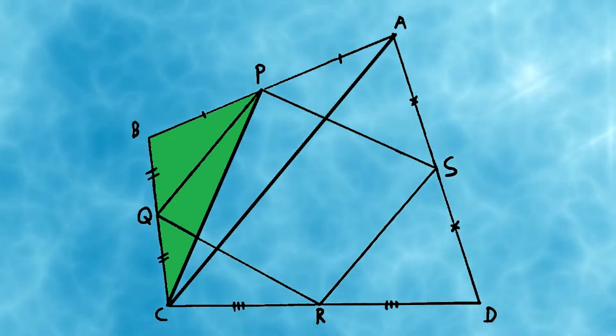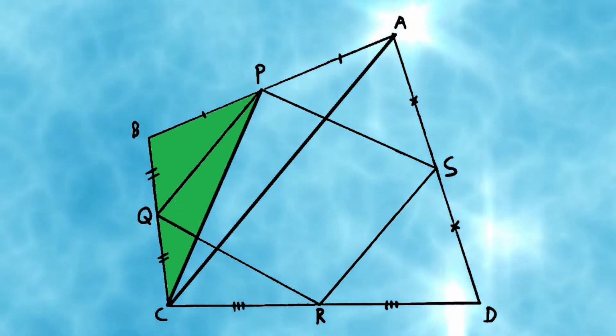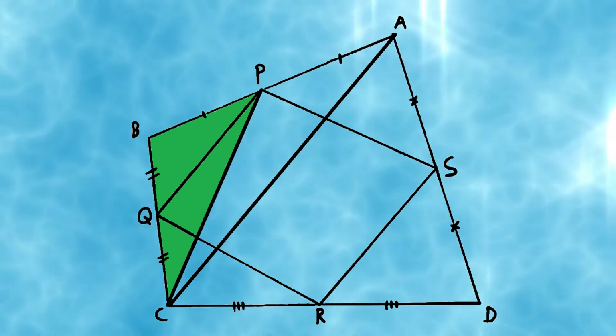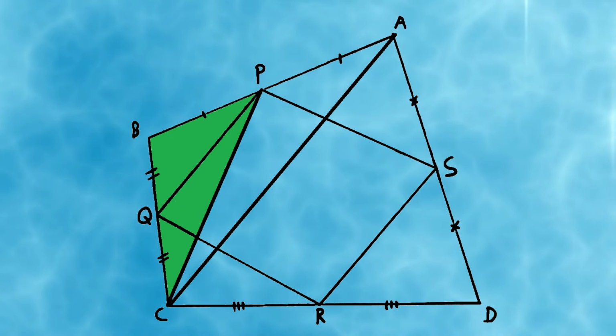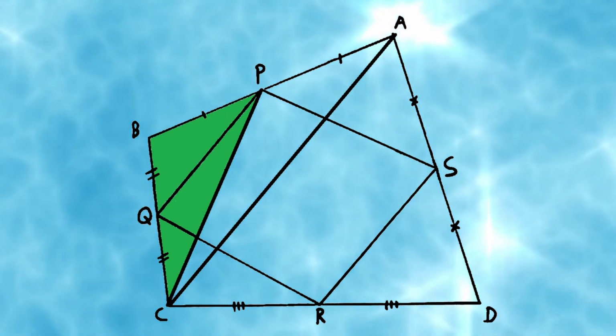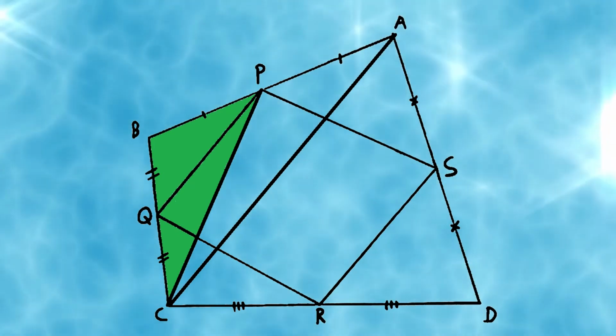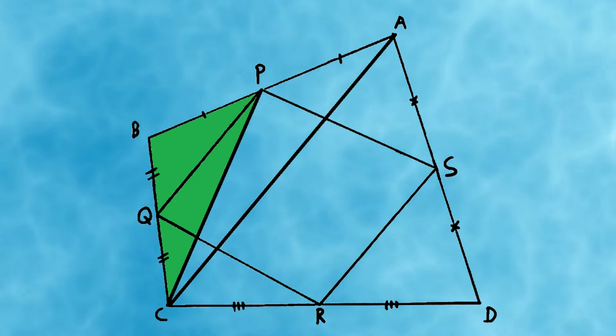Let's see. So here, now you can see in this triangle, the main part is that ACB is one part of the quadrilateral, and we look at the green triangle. Now, how do we see the green triangle? What we are going to do is rotate the figure slightly.